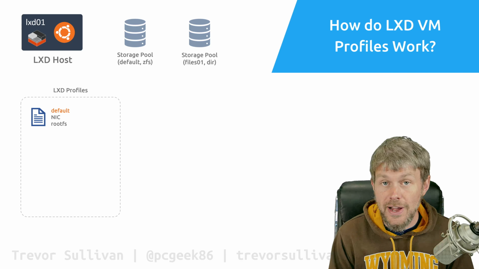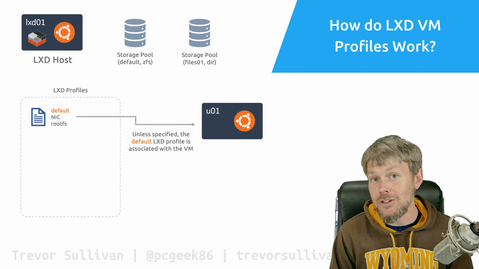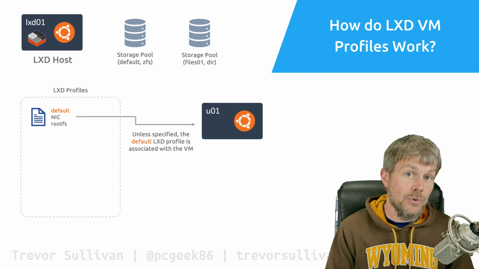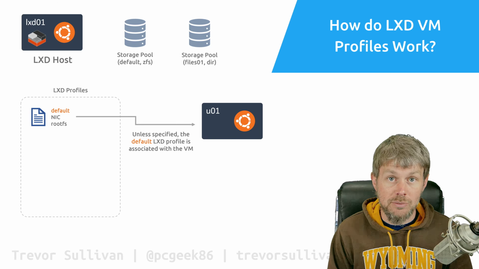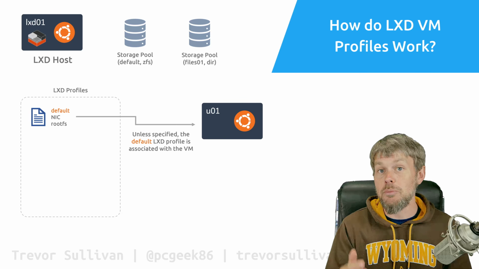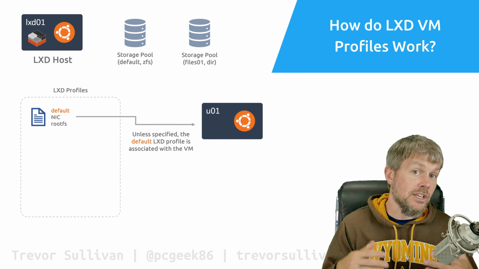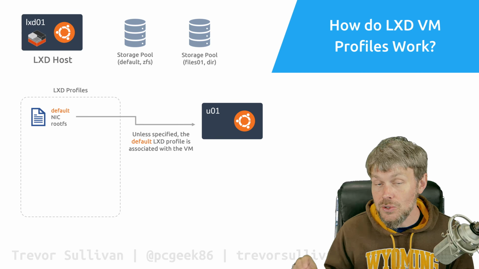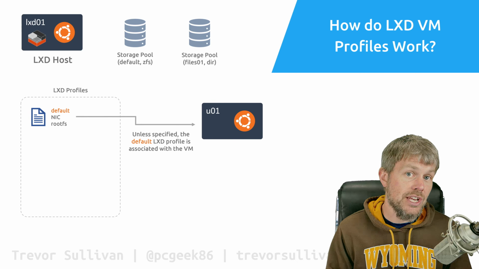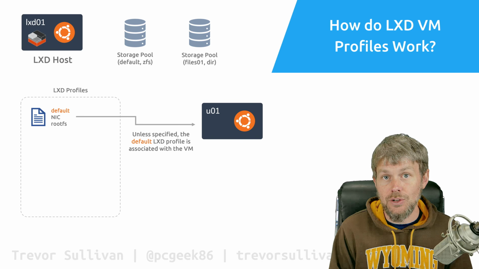We haven't had to specify it because every time we use the launch command from the LXC command line utility to create a new virtual machine, this default profile is automatically associated with the new virtual machine, regardless of which operating system we are deploying. It could be Ubuntu Linux, Alpine Linux, OpenSUSE, pretty much anything. And this default profile gets associated with that virtual machine and does some basic configuration.